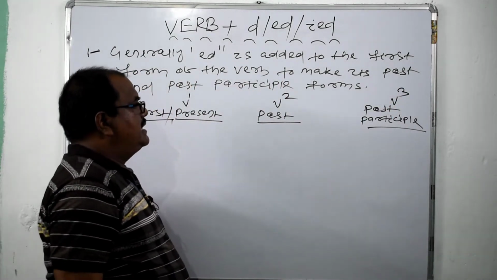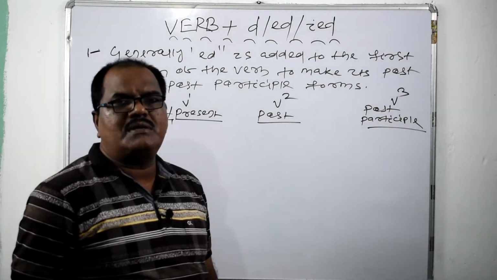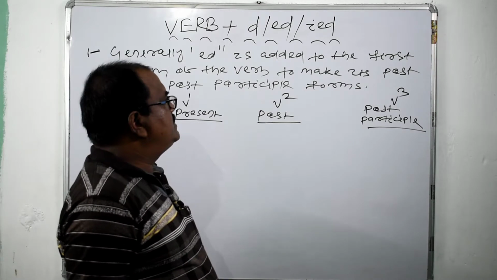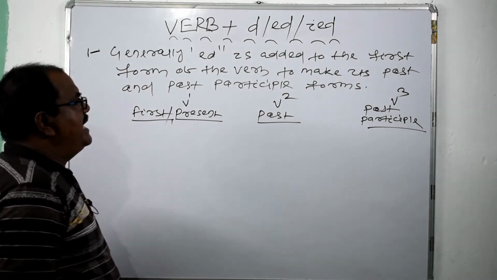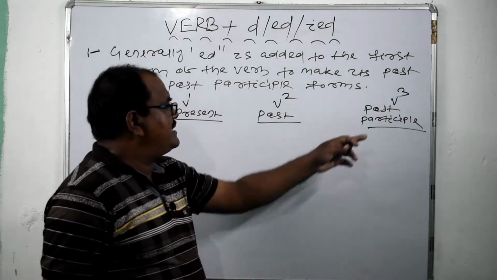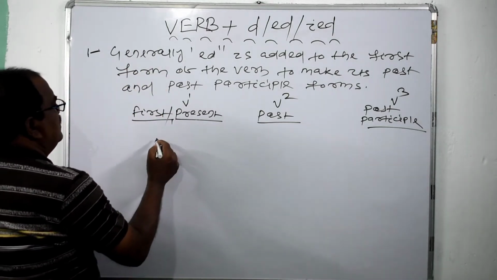We can take some examples of verbs to which ed is added to make their past and past participle forms.